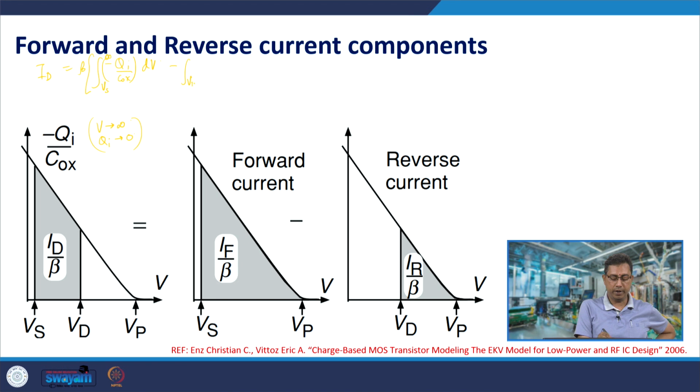What we have done is, since the value of the current is dependent only on the value of the integral at the boundaries and not on the intermediate values of the integral of Qi, we know that the value of Qi is 0 for the local channel potential tending to infinity, and therefore the integral of Qi dV would also tend to 0 when the local channel potential V tends to infinity, I am sorry.